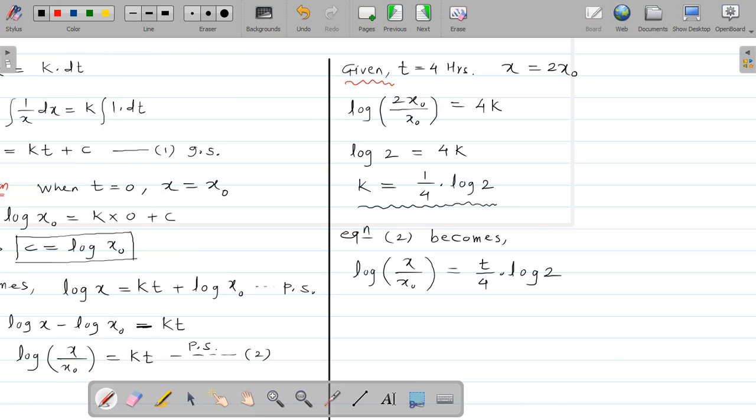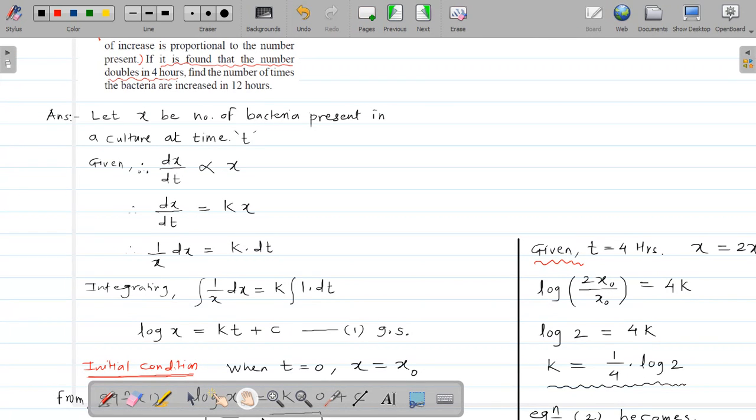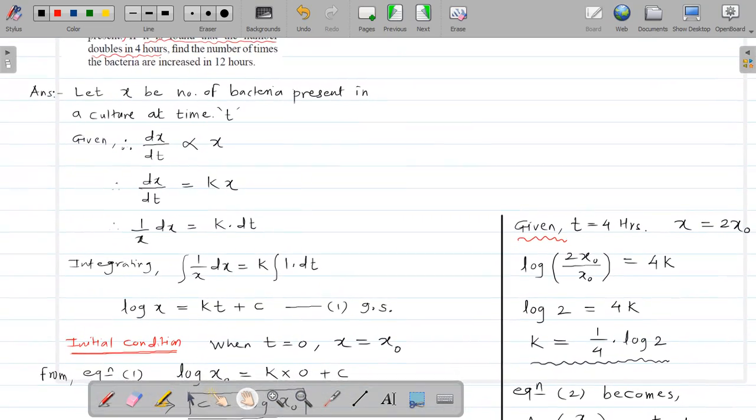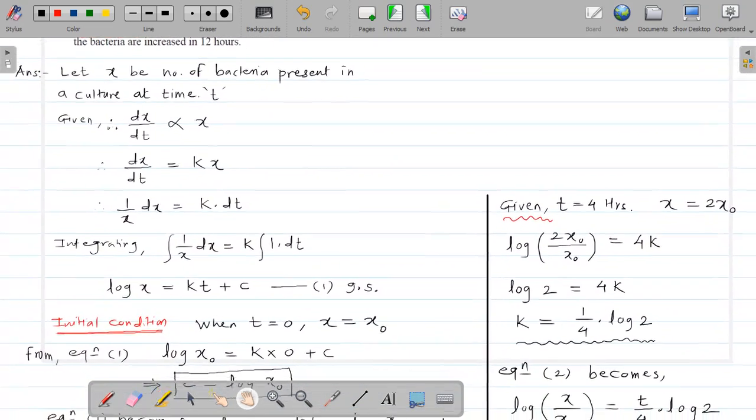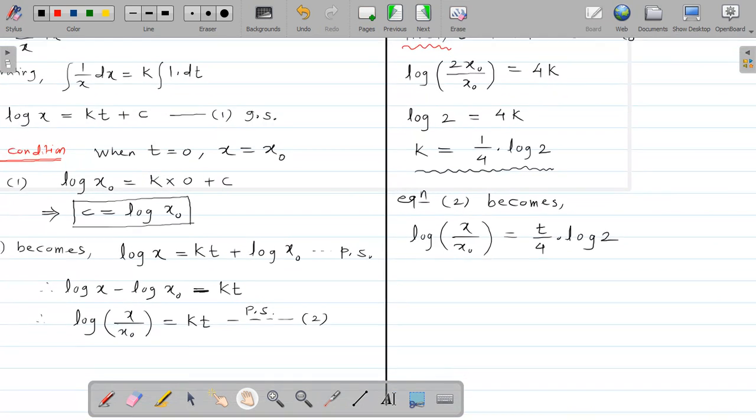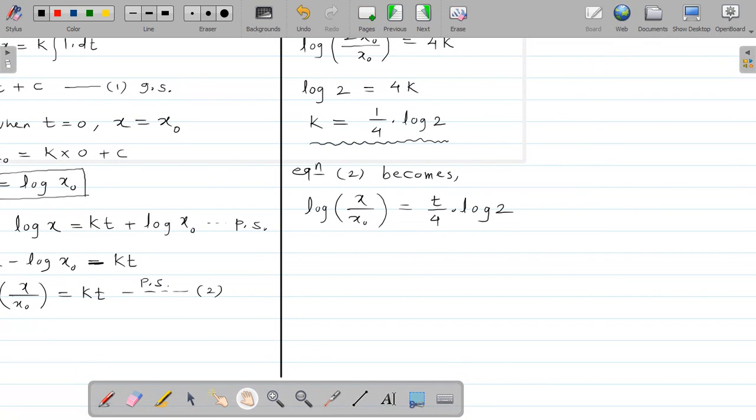Okay. Now after this, what do we have to find out? By using the given condition, we have to find out how many times the bacteria are increased in 12 hours. So after getting this equation number 2, now for our main question, we have to write the answer.